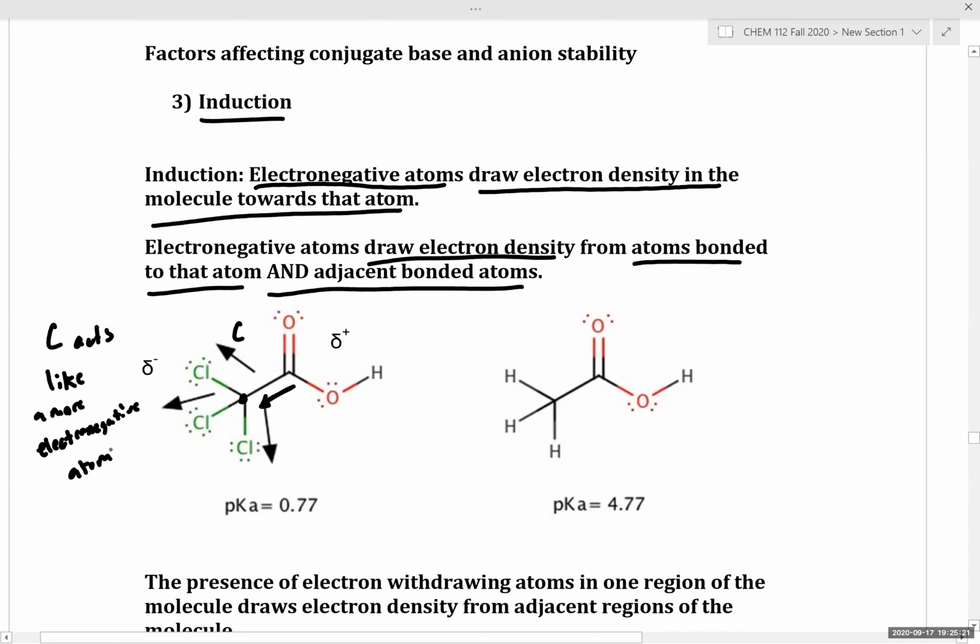And as a result, this carbon pulls on the adjacent carbon, which then behaves like a more electronegative atom, which pulls on the adjacent oxygen, which pulls electron density away from hydrogen.